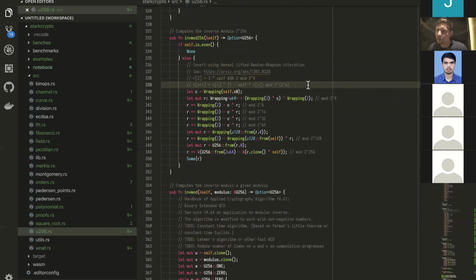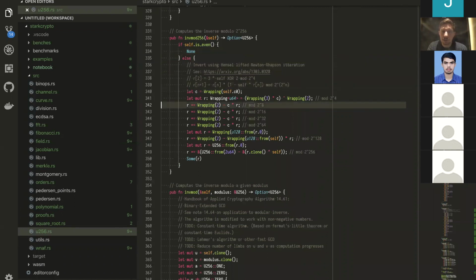Newton-Raphson you might know from numerical analysis to find roots of polynomials over the real numbers. Funny thing is, it also works in modular numbers, and there it works in sort of a p-adic way, which means that if you know the result accurate in the last 4 bits, you can expand it to 8 bits and to 16 bits and so on.